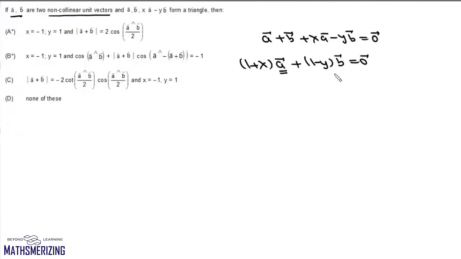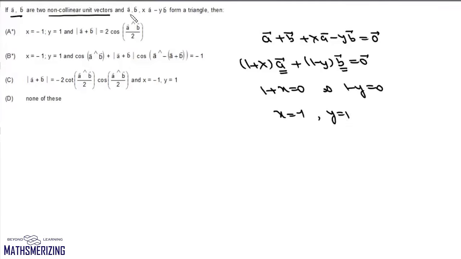Now if A and B are non-collinear and mA plus nB is 0, that means m should be 0 and n should be 0. So 1 plus x is 0 and 1 minus y is also 0. So the value of x is minus 1 and the value of y is 1.